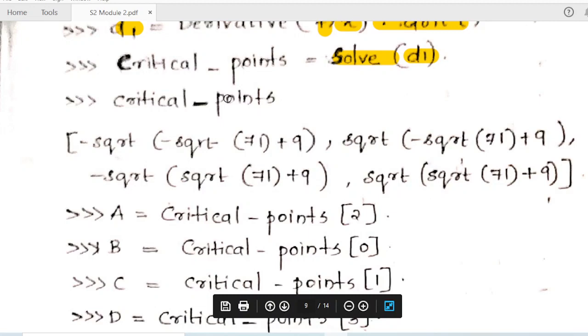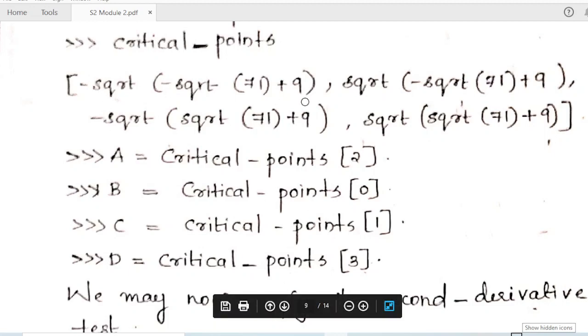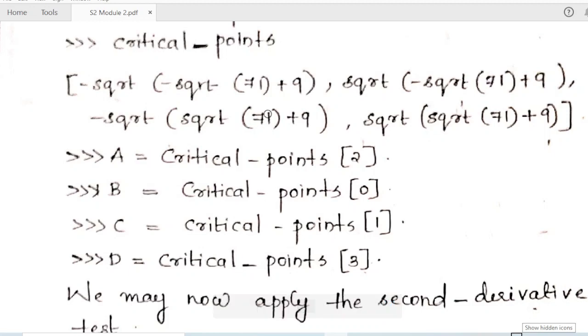Remember, whenever we apply the solve function, whatever output we get is always in list format. If we check the accurate values, we find that point A is the second critical value in the list. Point B is the zeroth position.